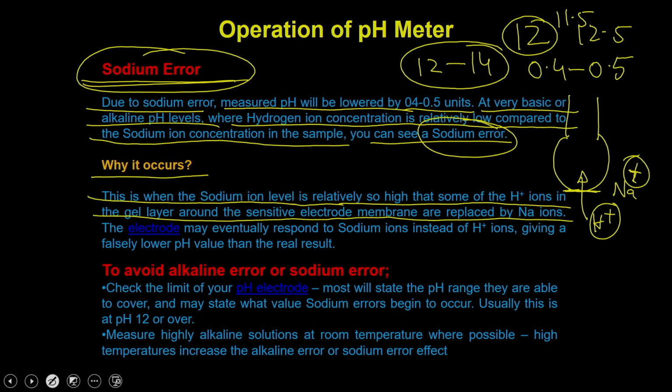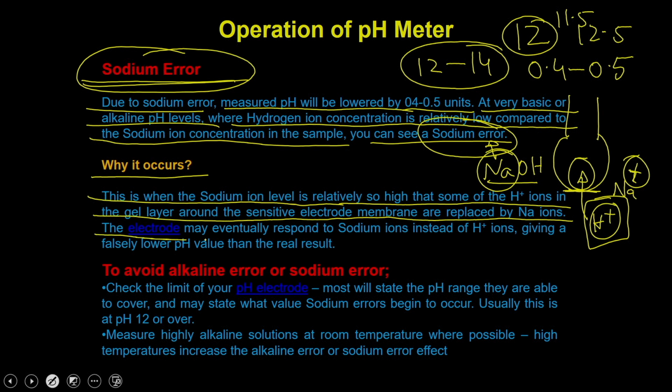you know that at pH 13 or 14, if I am taking a solution of NaOH, the concentration of Na+ is going to be so high and the H+ ions so little that the pH probe is going to give me a very erroneous pH.